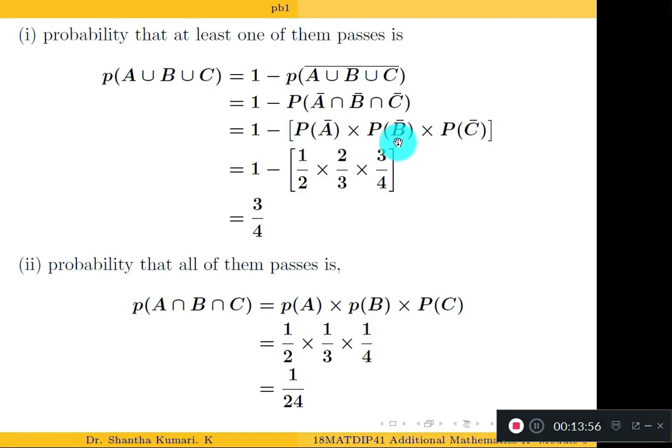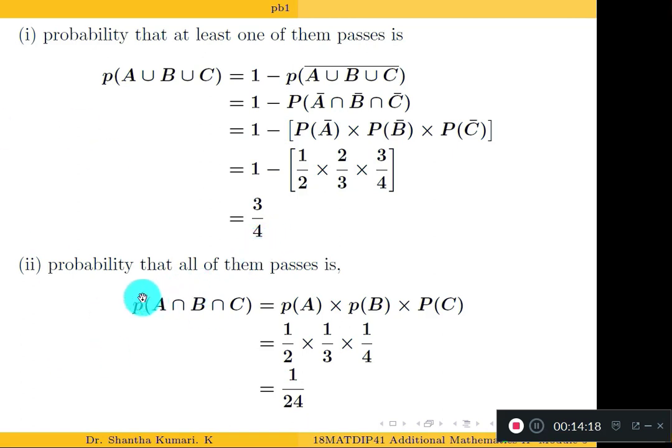Now substitute. P of A complement, calculated in the previous slide, was 1 by 2. P of B complement is 2 by 3, and P of C complement is 3 by 4. Use your calculator or take the LCM and calculate. You get 3 by 4.